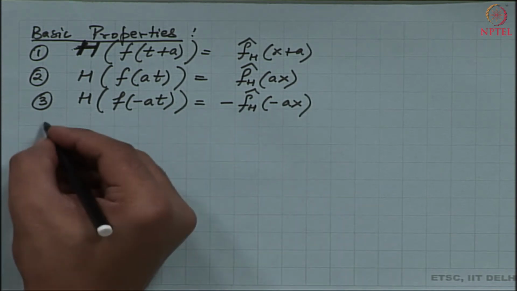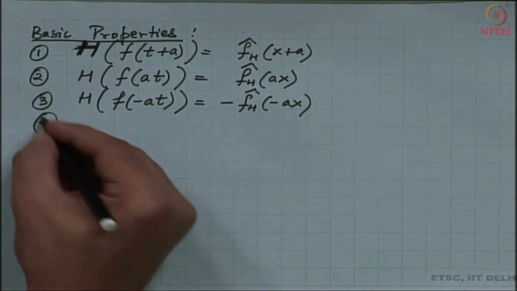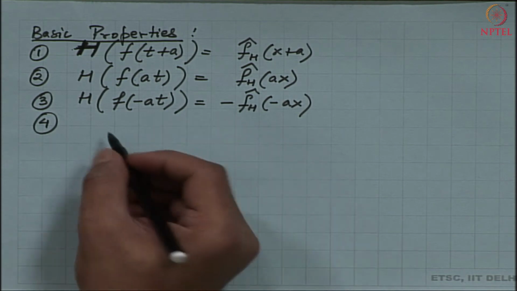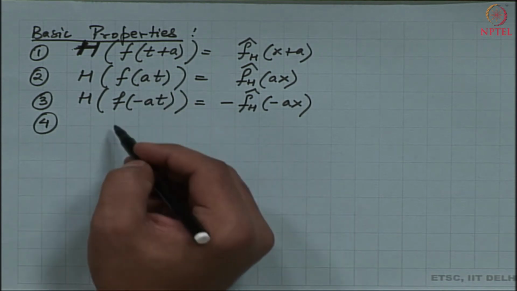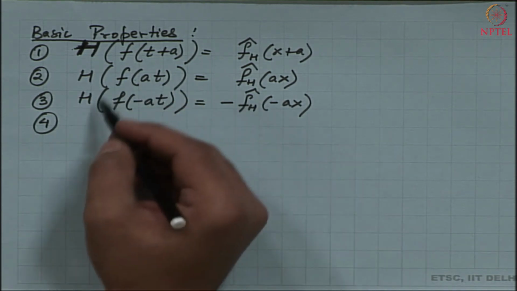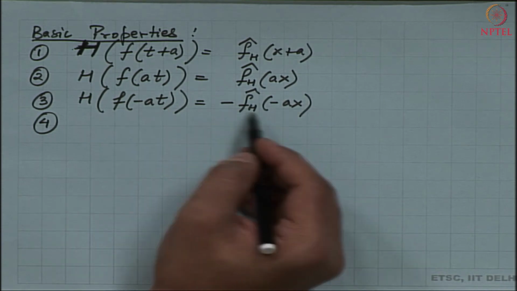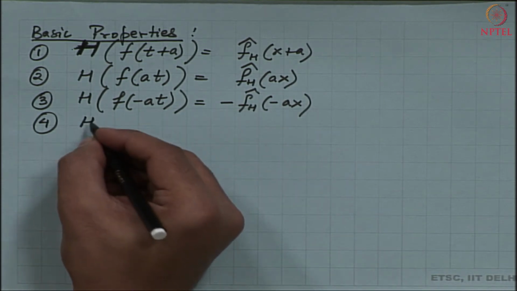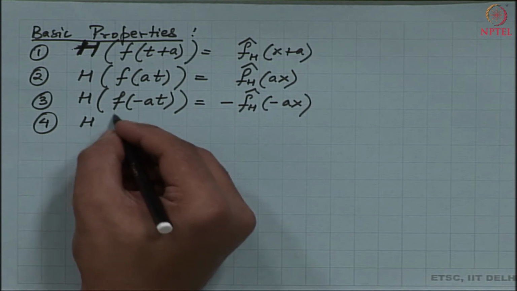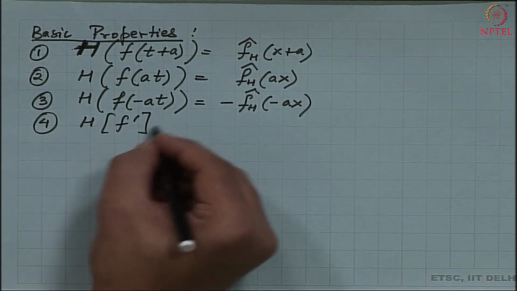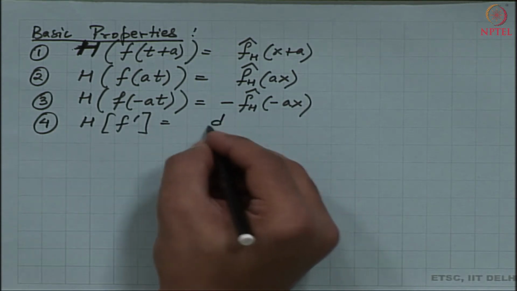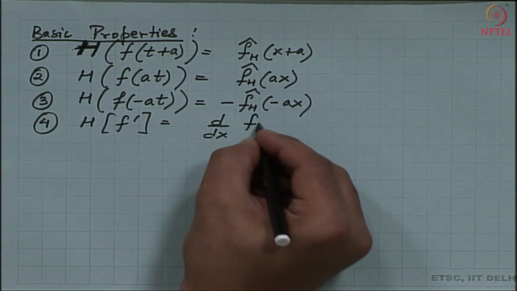Let me just write down all these properties, and I am going to prove some of the more tricky ones. All these things are quite straightforward to see using the definition of the Hilbert transform. Then there is a fourth property, which tells us that the Hilbert transform of the derivative of the function is the derivative of the Hilbert transform.